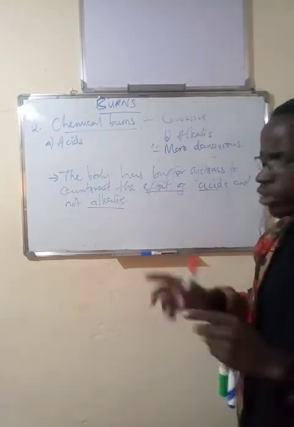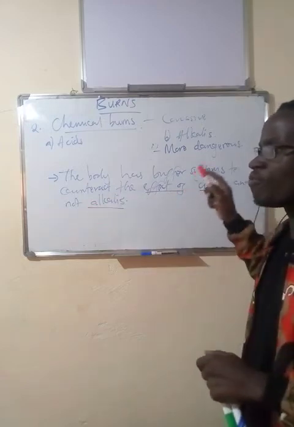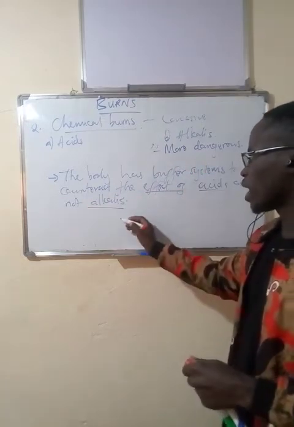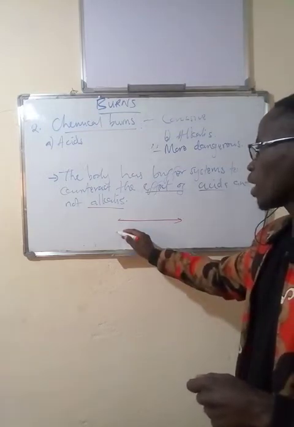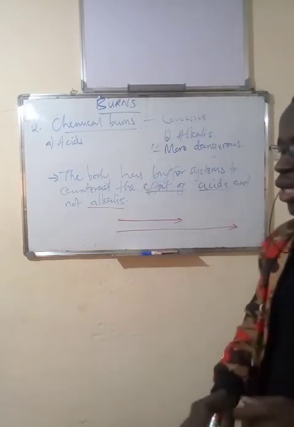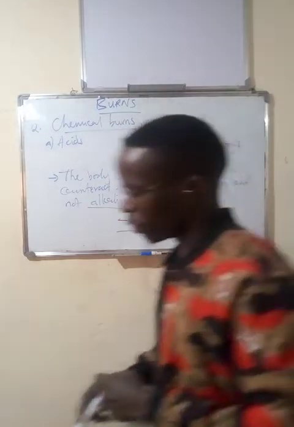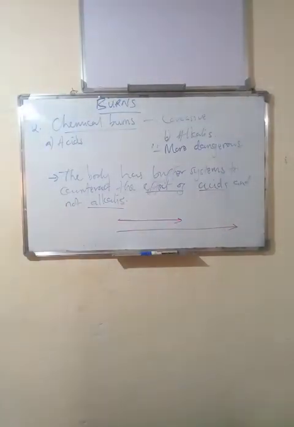Because of that imbalance, alkalis tend to have much more effect. If an acid can go this far in causing these burns, the alkali will go much further in causing the burns. So we've talked about chemical burns, and then we can also talk about friction.